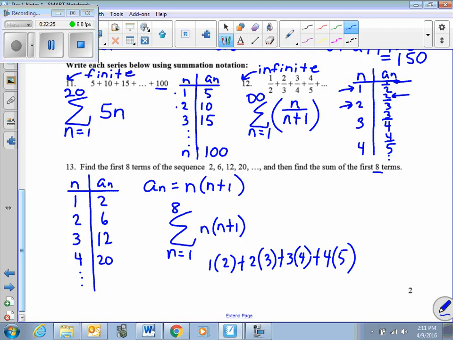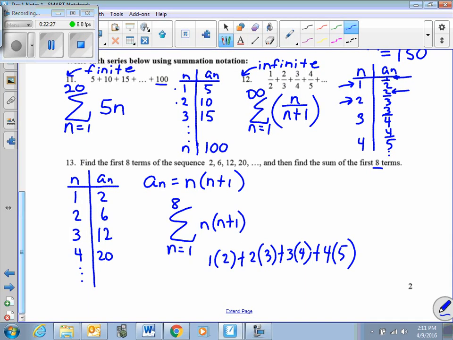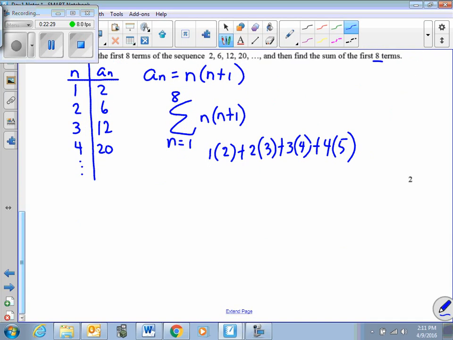I think it might actually be easier to come over here to our table. And let's see, we know we're going up by 4, 6, 8. We know this one's 30. This one's going to go up by 12, so that's 42.